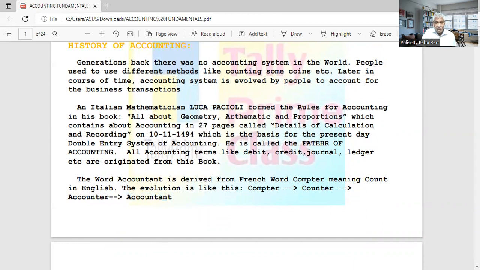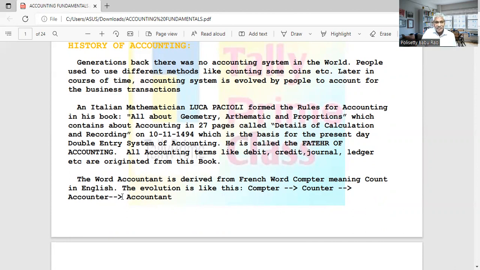The word accountant is derived from a French word, compter. That is the French word compter, which means count. So in the evolution of time, compter has become counter, and then, still with advancement of time, it has become accountant.